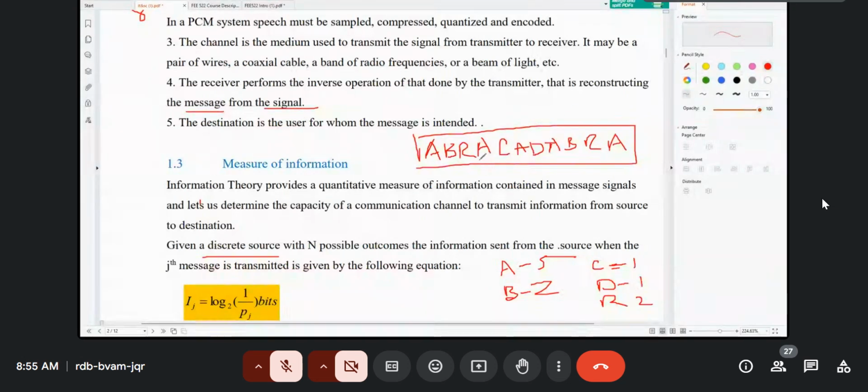What we are saying is A appears more times, so it has a higher probability of occurrence. Its probability is 5 out of 11.